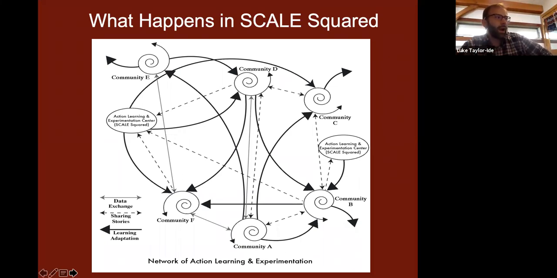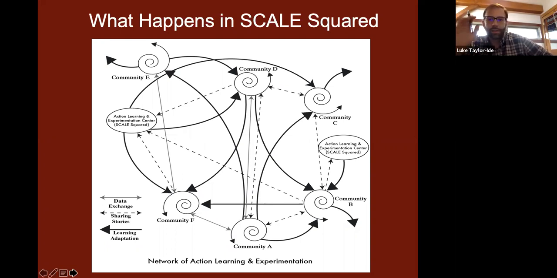But in this graphic specifically, notice we still have scale squared happening as a function. Scale squared is informing certain nodes in this network. But then that experimentation is exchanging across itself.